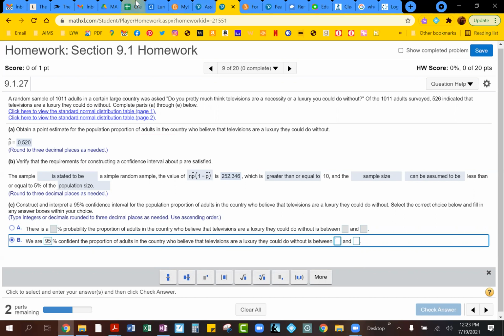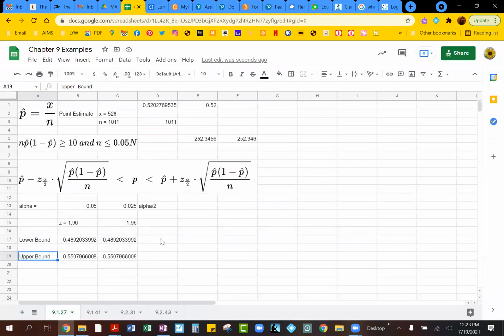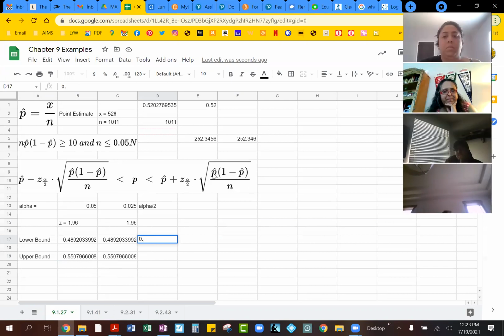So what did we come up with? And looks like we are rounding all of these to 3 decimal places again. So rounding to 3 decimal places, this guy will come out to be 0.4892. So what will that 3 decimal place look like?